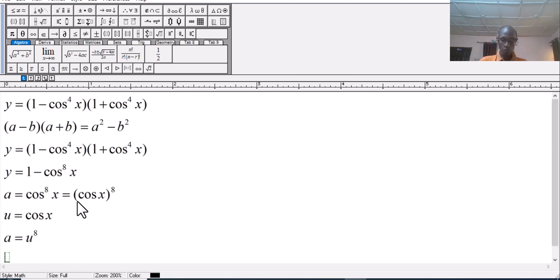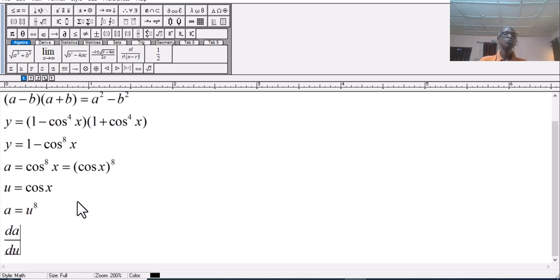So dA by du will be 8u raised to the power of 7. Also, du by dx will be equal to minus sine x.